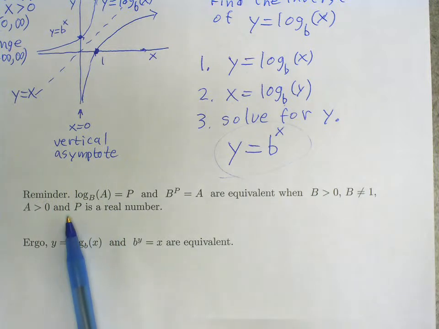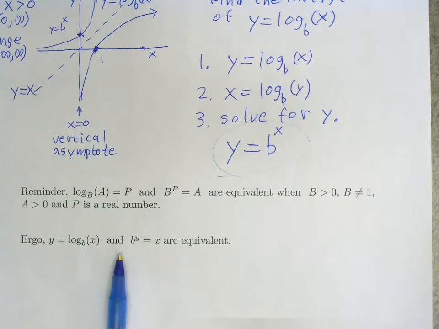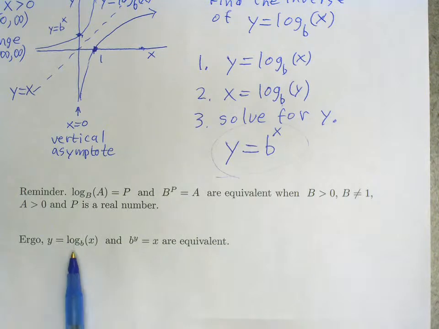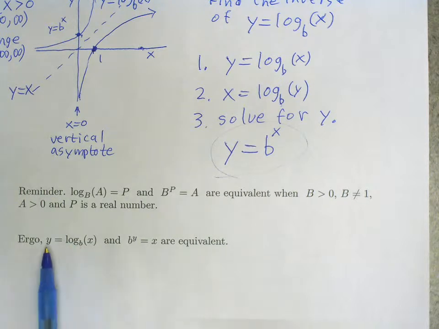And p could be any real number. Okay, so y equals log base b of x and b to the y equals x are equivalent. So that means if you convert this logarithmic equation into its exponential equation equivalent, you get this equation because b to the y equals x.